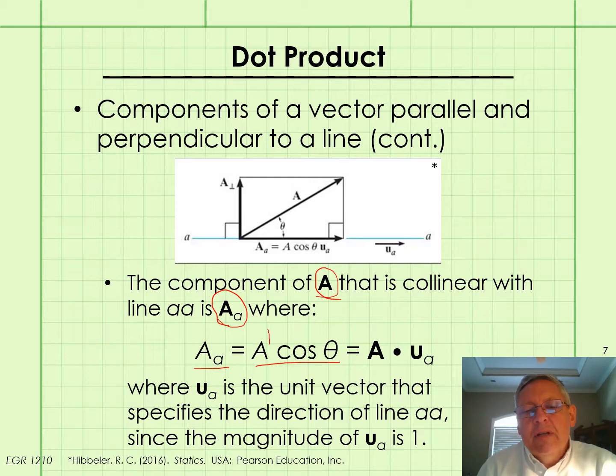I'm going to stick a B in here for now and write that A B cosine theta is equal to vector A dot vector B. Now I can't just put B in here without worrying about my equality, but if I force B to be 1, then I've maintained that equality.